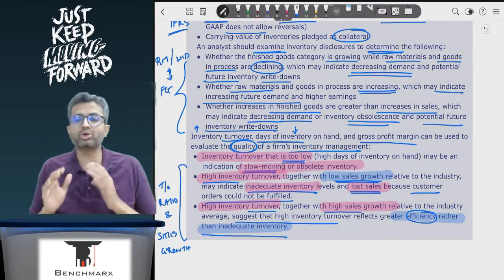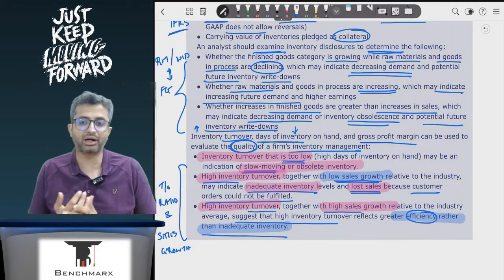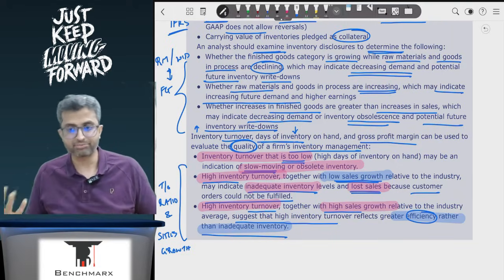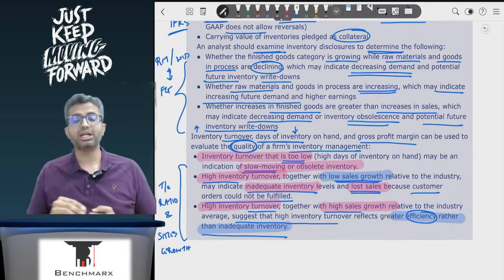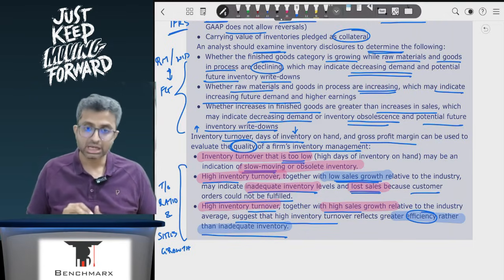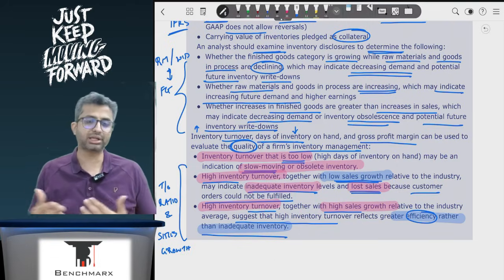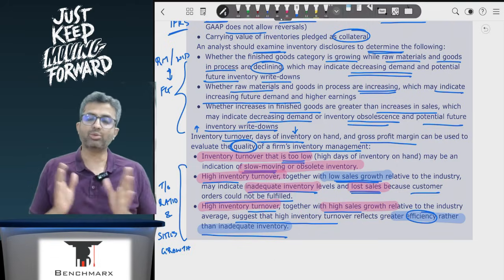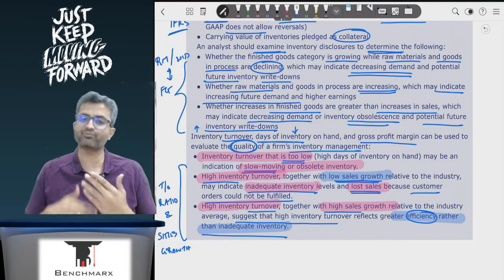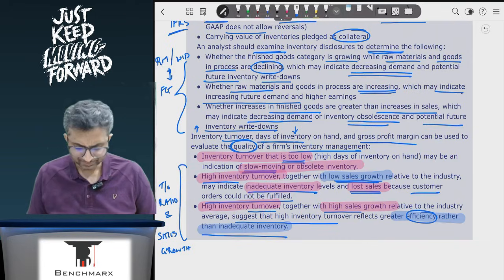You cannot say that you're shooing away customers because you have no stock. In this case, a high inventory turnover backed by higher sales growth showcases a healthy inventory policy. You have enough inventory and that is helping you grow as well.